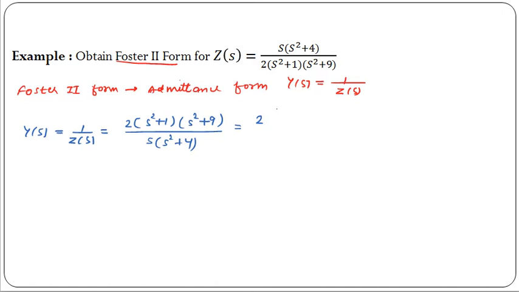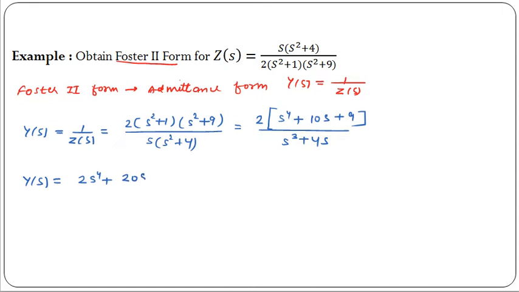This will be equal to 2 into, so this will be s power 4, then we have 10 into s squared plus 9, divided by s cubed plus 4 into s. So Y(s) we are getting 2 into (s power 4 plus 10 s squared plus 9) divided by s cubed plus 4s.